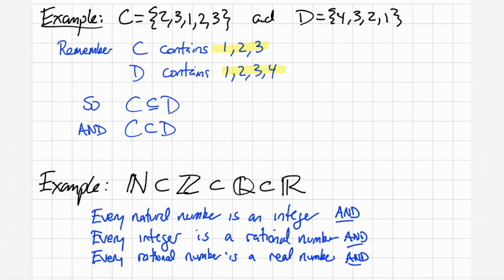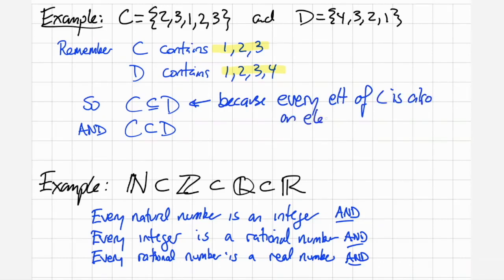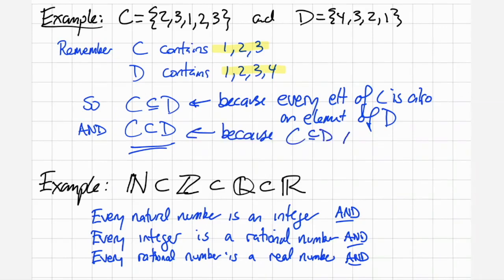And so what we can see is that every element of C is an element of D. So C is a subset of D because every element of C is also an element of D. But not only that, C is a proper subset of D because C is a subset of D and C is not equal to D. That was the thing we learned before.